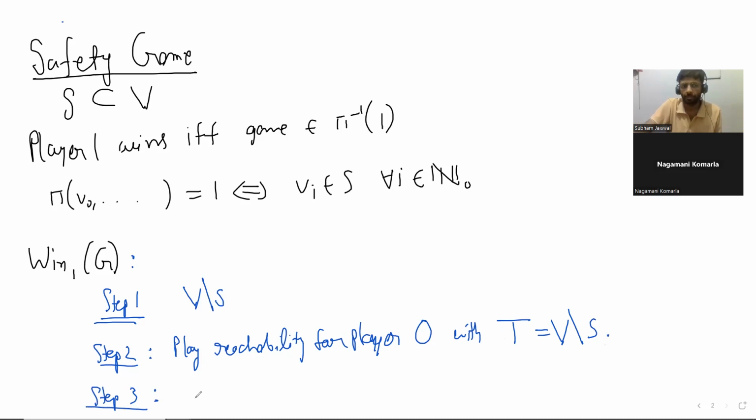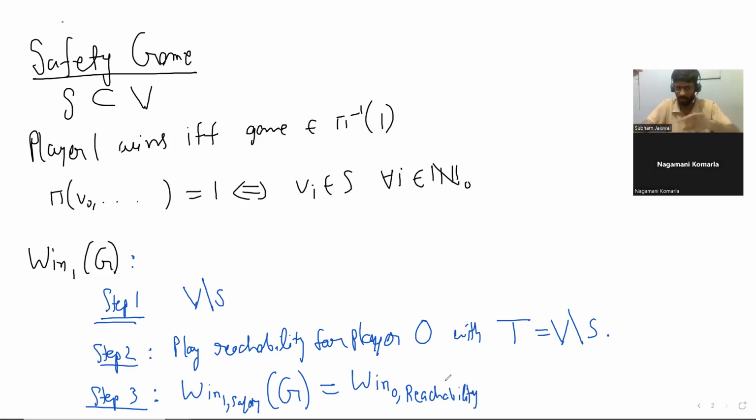Step 3, the win1g, and maybe I should say win1 of this safety game. This is because now there are 2 games going on, so I should mention it is win1. This is equal to win0 of the reachability game, complement. Yes, I do want to write that, but it's a bit long. Some consistency problem is there with where we have used win0 earlier, but we will rectify that.